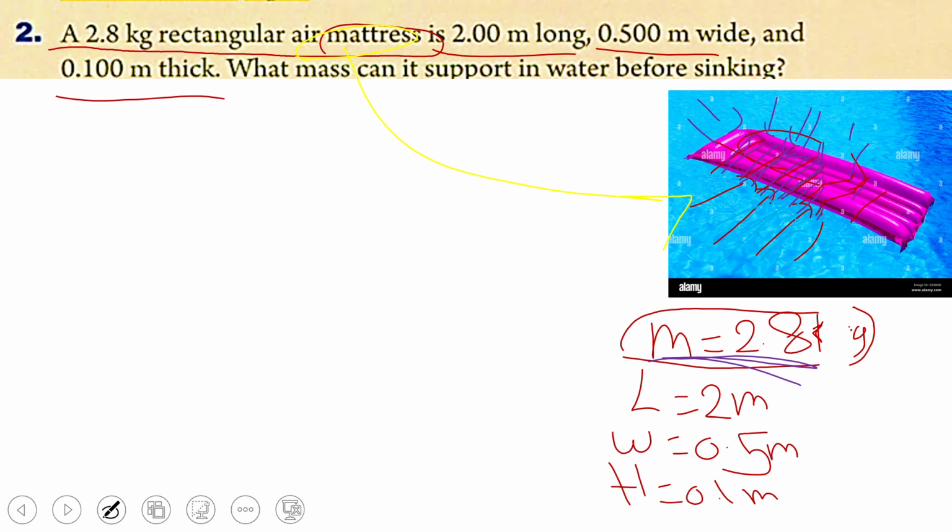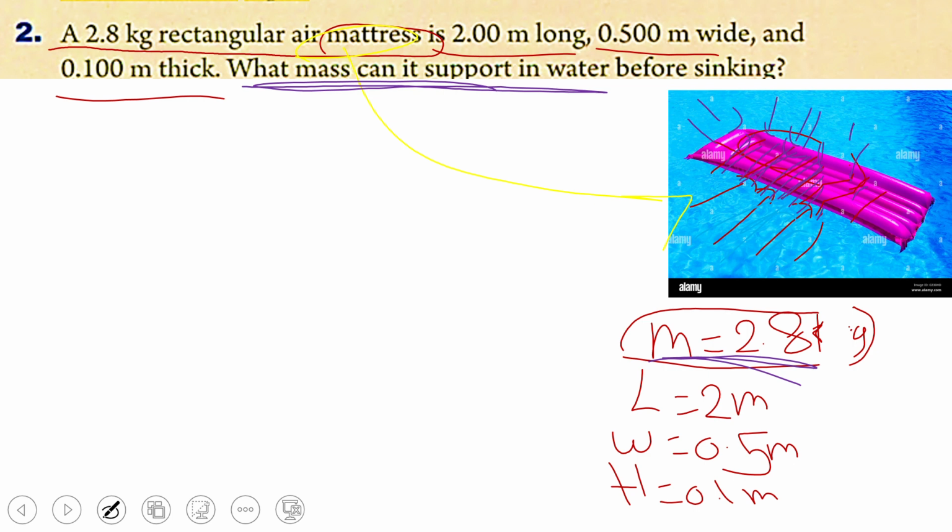So now, what mass can it support in water? That is, find the mass of the water that goes inside the air mattress. Find this extra mass when it goes inside the air mattress. As we know, at first it has a mass of 2.8 kilograms without putting the air mattress under the water.